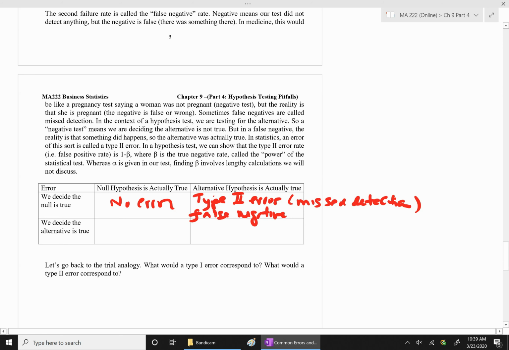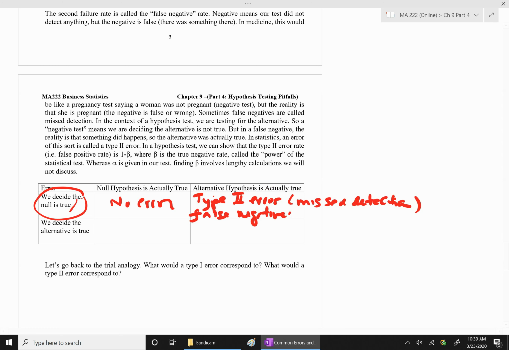It says that it's a negative that's false. In other words, when we decide the null is true, we said nothing happened. So we get a negative, that's what we decide, nothing happened. But it's false. Something actually did happen. Okay. So this is the equivalent of you taking a test for a disease, coming back negative, but you actually have it.